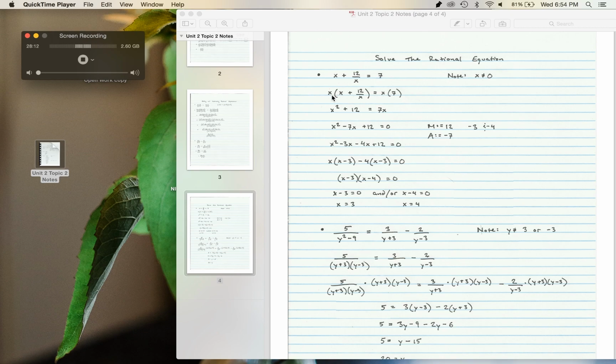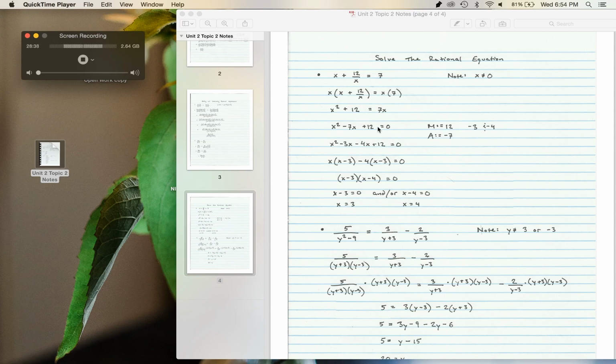So what I've written here is x times the left side of the equation, and x times the right side of the equation. I can go ahead and multiply these polynomials here. x times x is x squared, and x times 12 over x cancels out the x's and I'm left with 12. And on the right hand side I have x times 7, or just 7x.